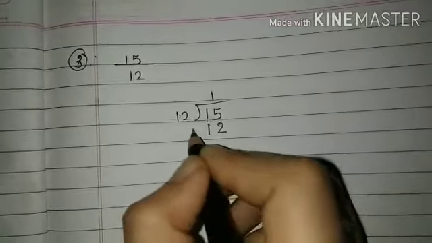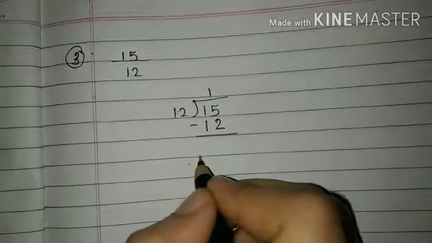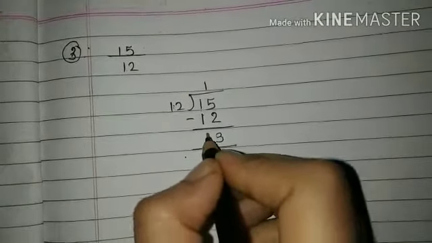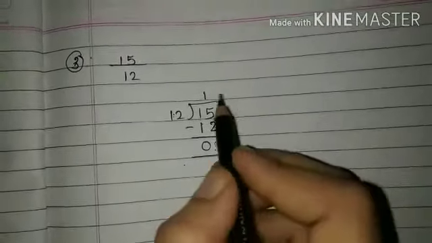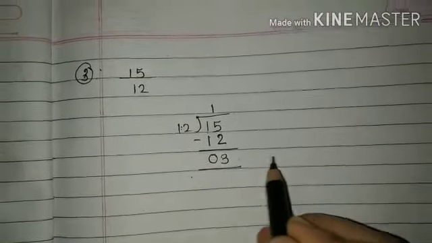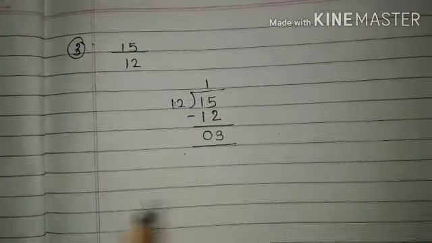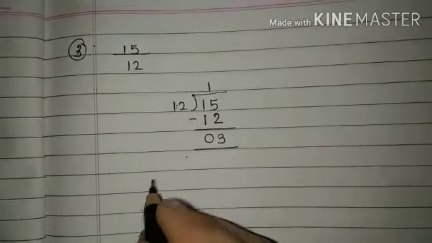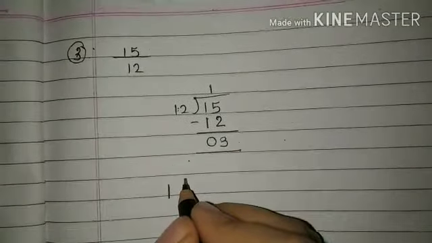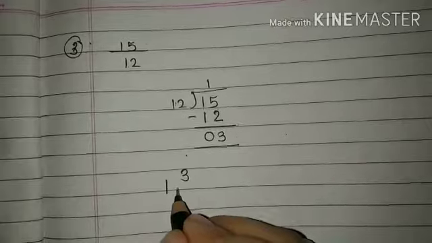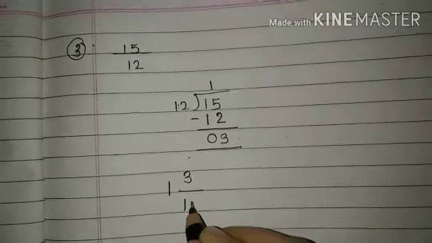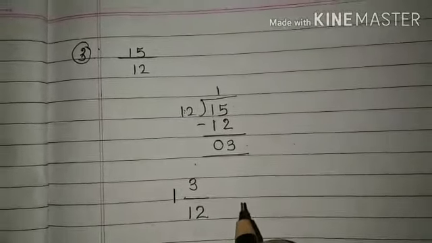So 12 ones are 12 and then we have to subtract this number. 5 minus 2, 3. 1 minus 1, 0. So this is the question. This is the dividend, then the remainder and divisor. First we have to write the quotient, then the remainder, and in the last we have to write the divisor, which is our denominator.